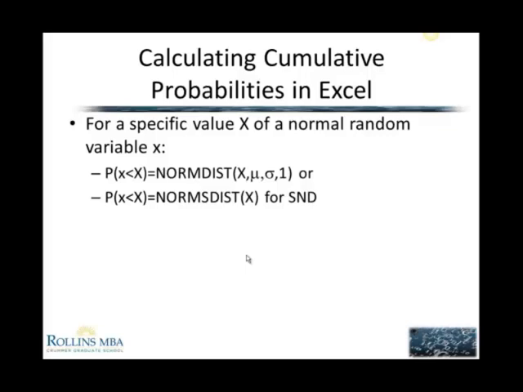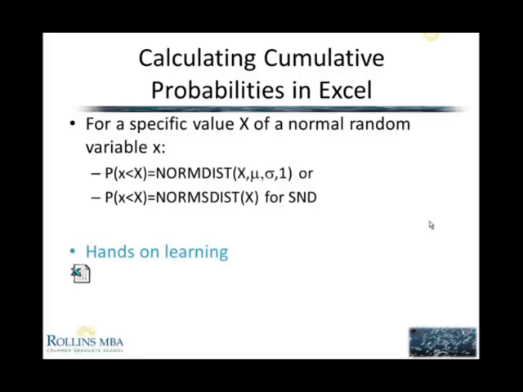And we don't need to put in that cumulative flag on the end. All we need to do is put in our value of X, and it'll return the probability of being at or below X. You could also think of this as putting in the value of Z, right? Because if this is the standard normal distribution, which is also called the Z distribution, we just plug in the Z value and it gives us the probability at or below that specific value of Z.